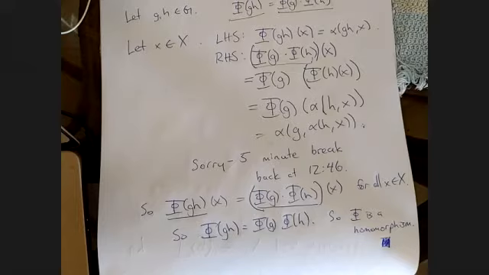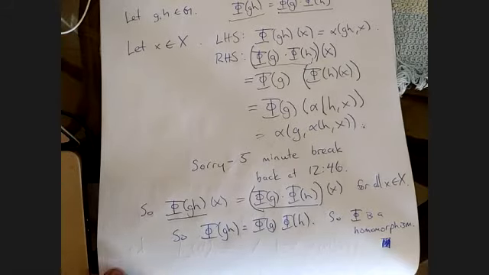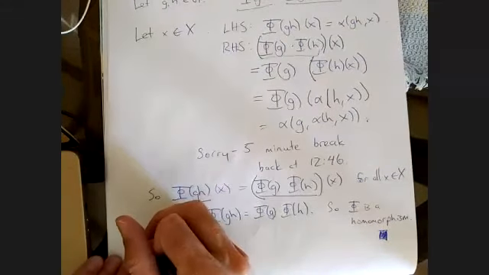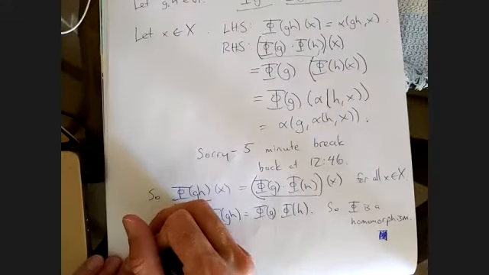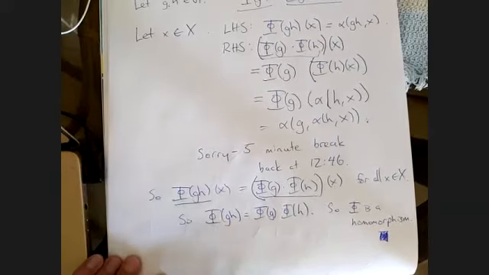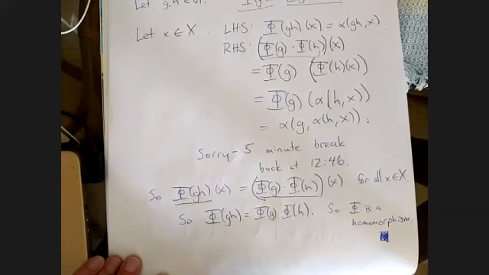Okay, there's a few properties which we can think about. So the two properties I want to write down are a group action can be free, a group action can be faithful, and a group action can be transitive.